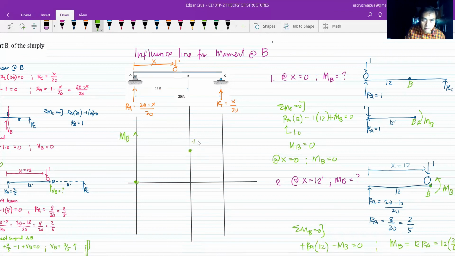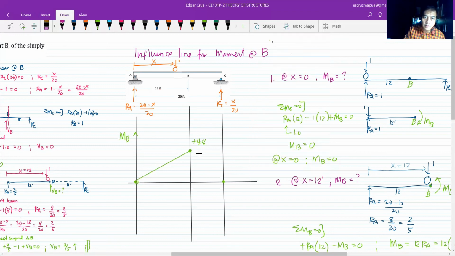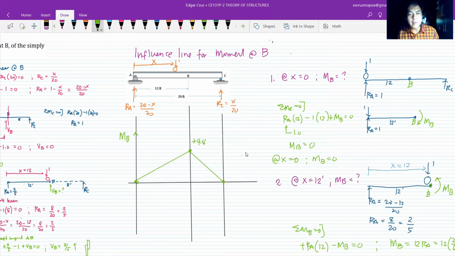Tapos, at x equals 20, moment ulit sa B is 0. So, if you will connect it, so the influence line would be something like this. 0, 4.8. Okay, so tapos 4.8 to 0. So, yan na ngayon yung influence line for moment at B.